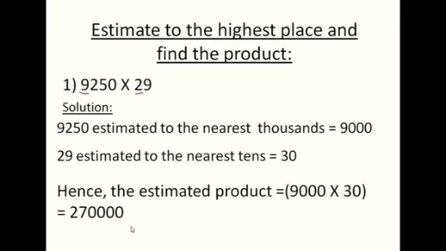We will take one more example. Look at this example. It is 5281 multiplied by 3591. Quite a big number, is it? So here what we will do? We will estimate both multiplicand and multiplier to the highest place, and then we will find out the product. That will be the estimated product.